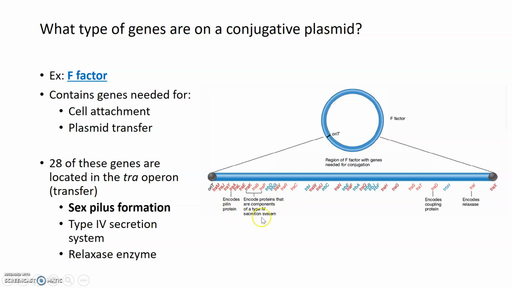Some genes encode proteins that are part of the type 4 secretion system, which we'll talk about more in the next lecture. And several other genes in this TRA operon encode enzymes that are involved in both bringing the plasmid DNA to the pilus, and then allowing it to pass through from donor to recipient cell.